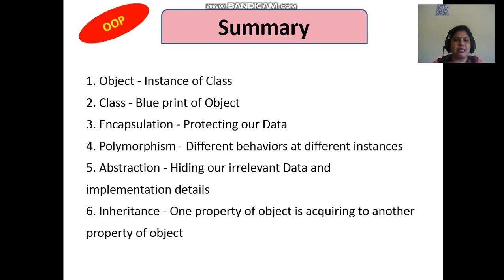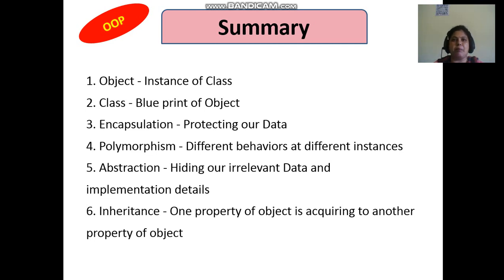In the end we will see a summary of the different concepts of OOP. Object is an instance of a class, that is a runtime entity. Remember, class is a blueprint of objects, a collection of different types of objects. Encapsulation is the feature which combines data and functions into a single unit, that is a class, and hence protects our data. Polymorphism is acting with different behaviors at different instances, one thing taking many forms.